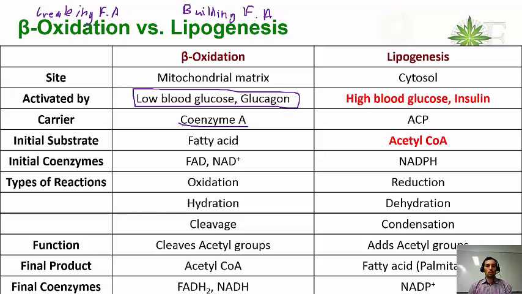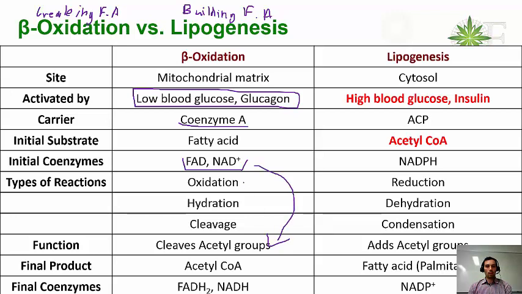So we start with our fatty acid in beta oxidation, and we convert that to the final product of our acetyl-CoAs, which can each contain an acetyl group. So we do need our electron poor coenzymes or oxidized coenzymes to actually take electrons and H plus off our fatty acid to turn it into the acetyl groups, which can then be attached to CoA.